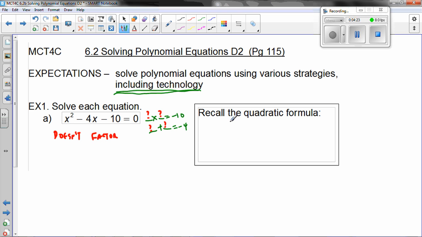The quadratic formula says that if you've got this equation, the solutions are x equals -b plus or minus the square root of b squared minus 4ac all over 2a, right? And there's 2 solutions there because it's negative b plus this and negative b minus this. And so we're going to practice using the quadratic formula here.